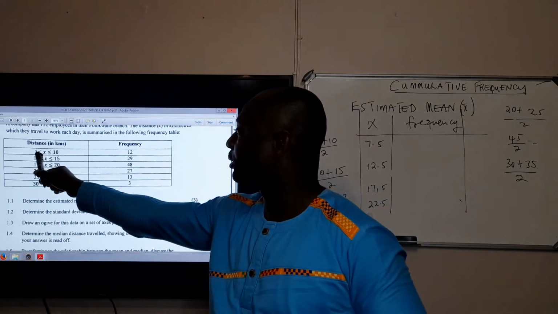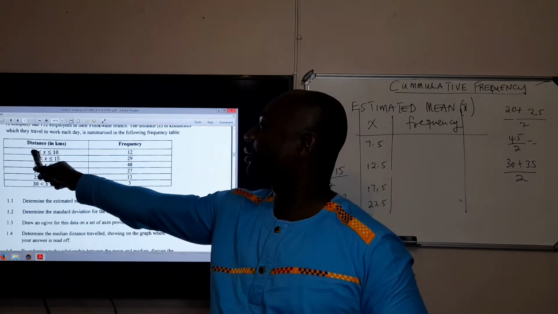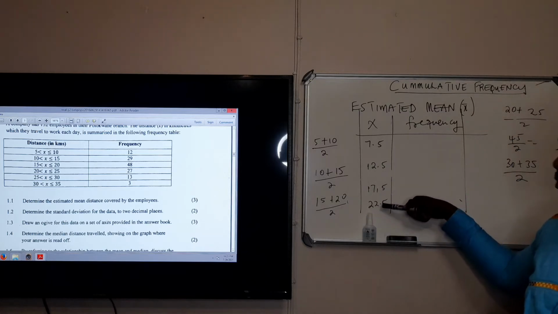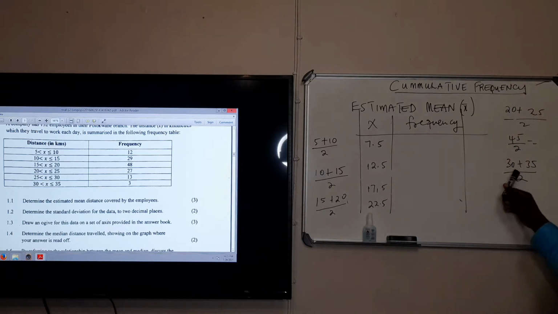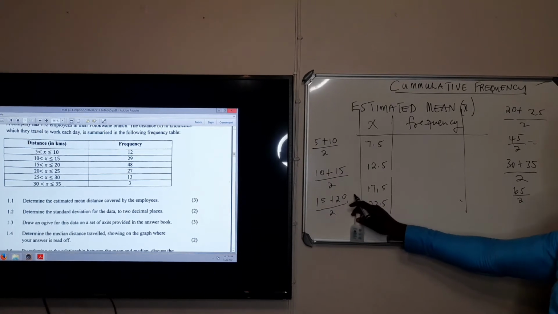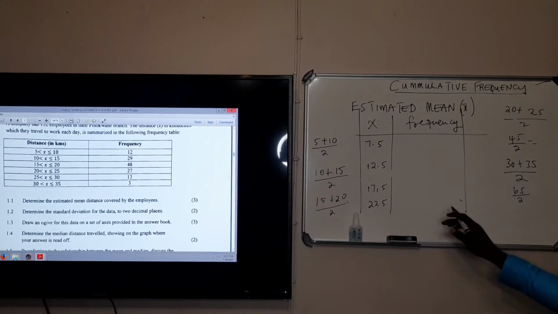The lower boundary here is 5, the upper boundary is 10. So you add the lower and the upper together and divide by 2 to get the x values. That is how you do it. So 30 plus 35 is 65. Then you divide 65 by 2.